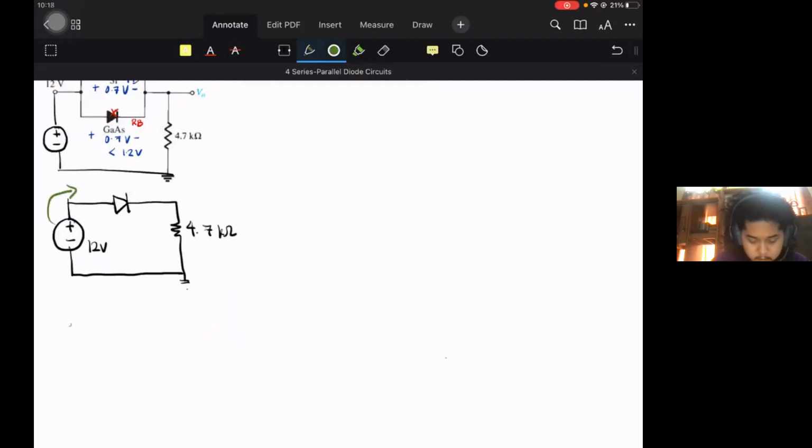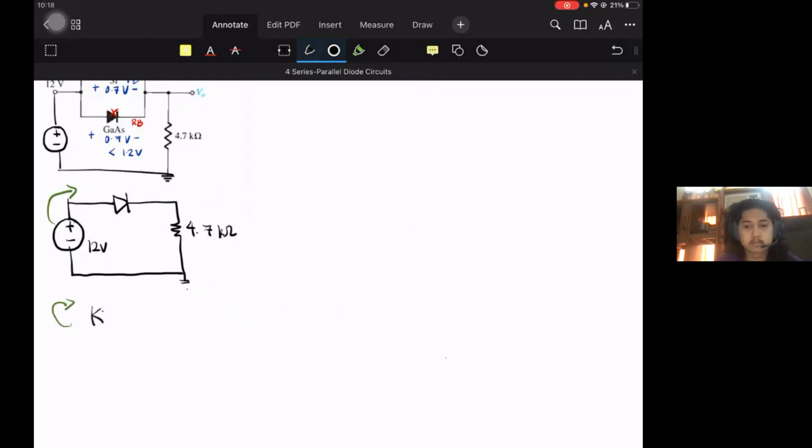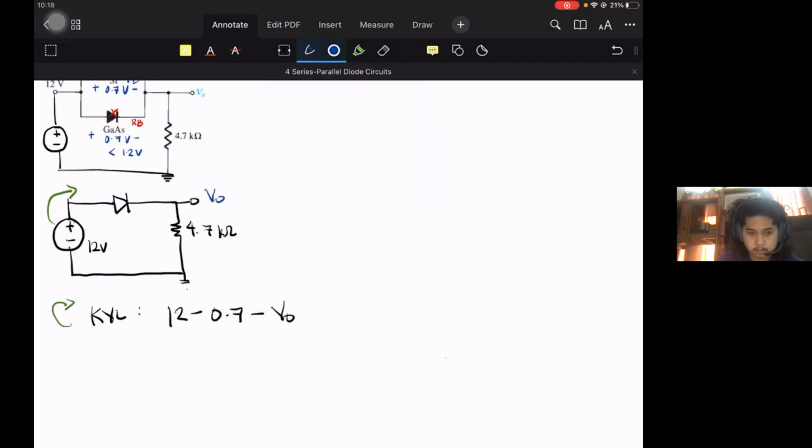KVL in that direction: 12 minus 0.7 minus VO equals 0. So VO is equal to 11.3 volts.